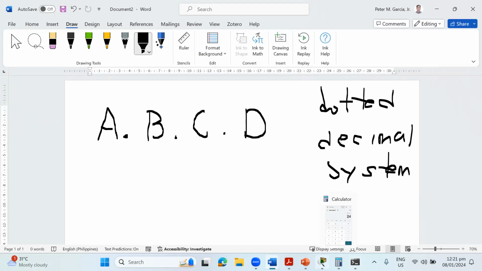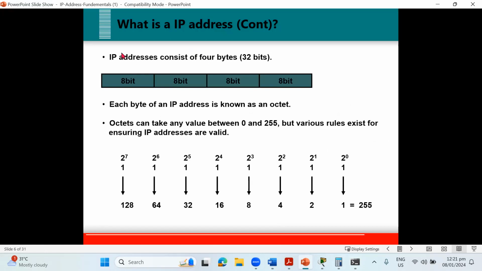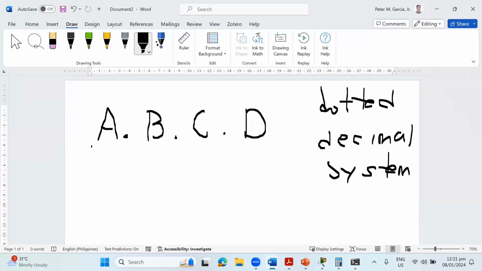Sir, bakit hanggang D lang? So based kasi sa description, an IP address consists of 4 bytes or 32 bits. So 4 lang yan. So 32 kasi this consists of 8 bits, 8, 8, and 8.